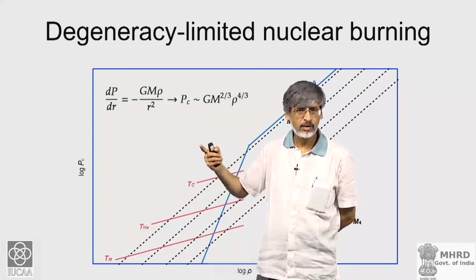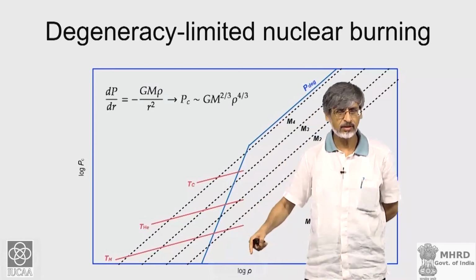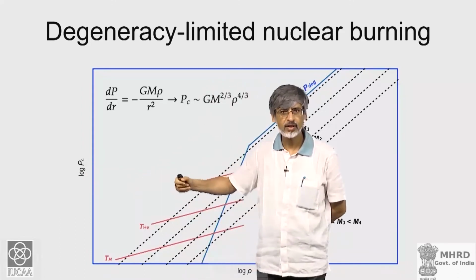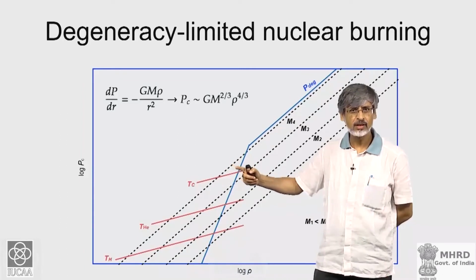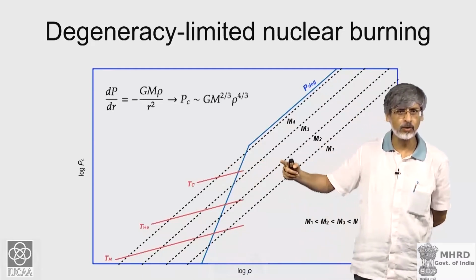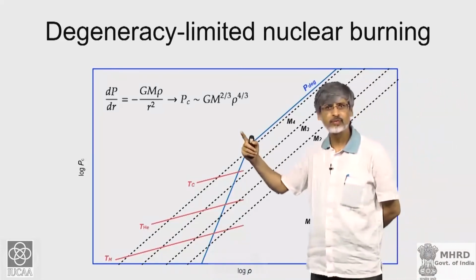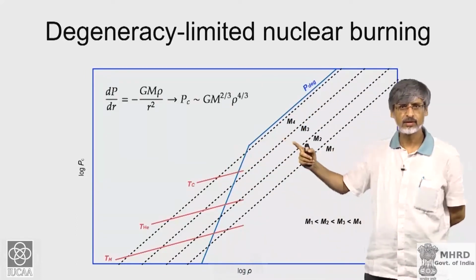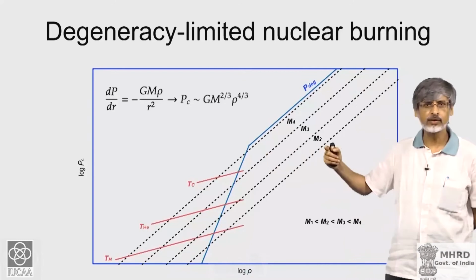In a diagram where I plot the logarithm of density on the horizontal axis and the logarithm of pressure on the vertical axis, this pressure support condition will follow these slanted lines of 4/3 slope, and as the coefficient has M to the power of 2/3 in it, the lines will keep moving up as you increase the mass.